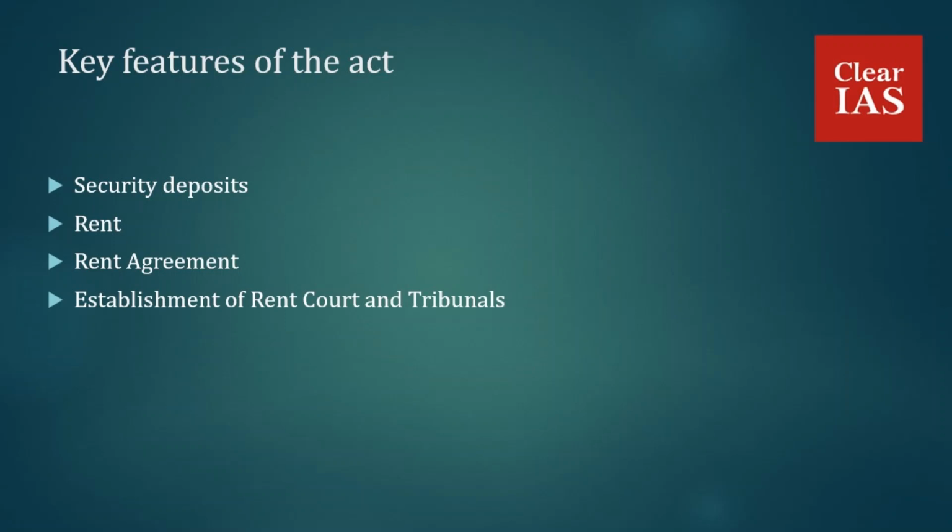After the commencement of this Model Act, a tenant, without the prior consent in writing of the landlord, won't be able to sublet the whole or a part of the premises held by him, or transfer or assign his rights in the tenancy agreement or any part thereof.